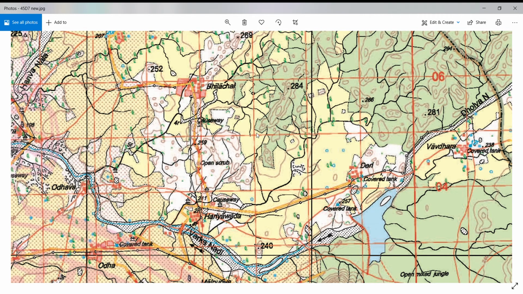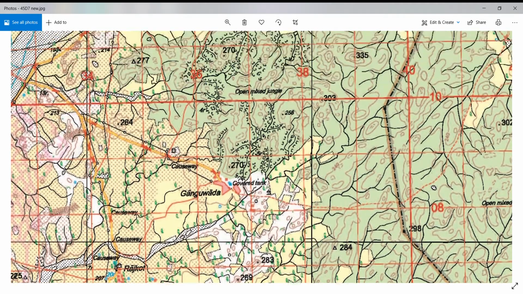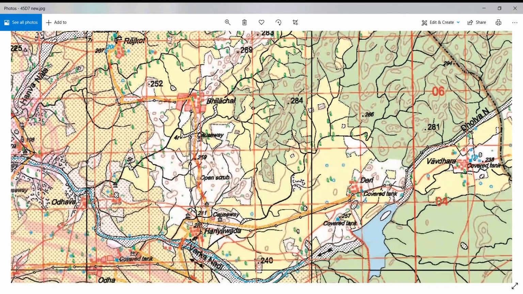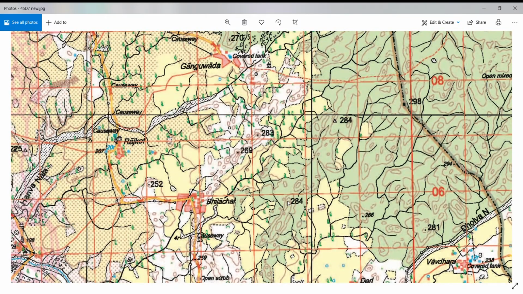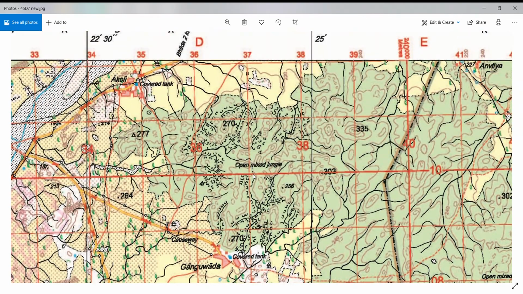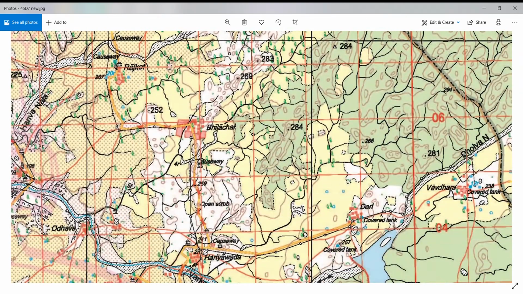So the answer, what did I say? 37 and 05 are the four figures. Now after 37, what is it? It is approximately 8, so 378 will be the answer of six-figure grid reference. Have you got it? How did I say this easting is 37? Okay, can you see? This is 37.